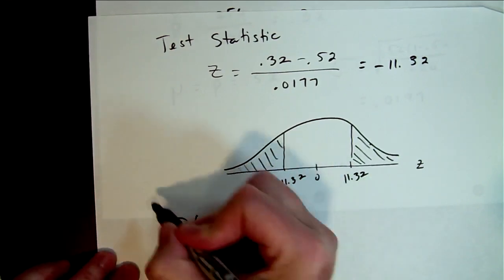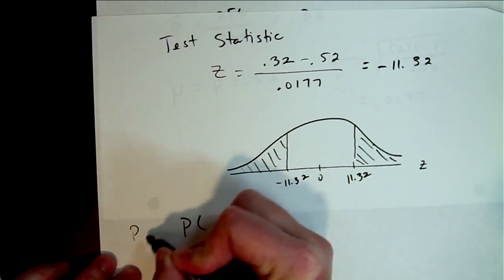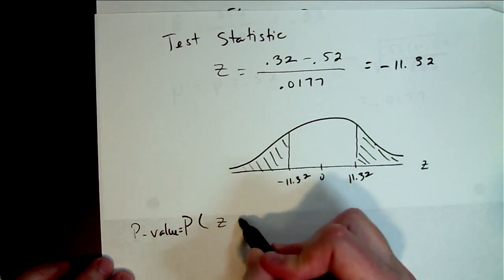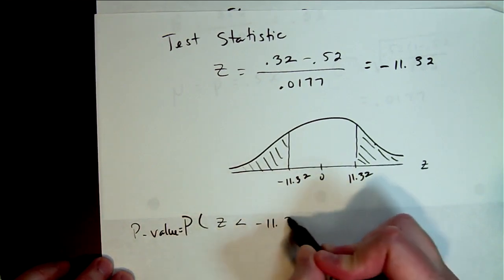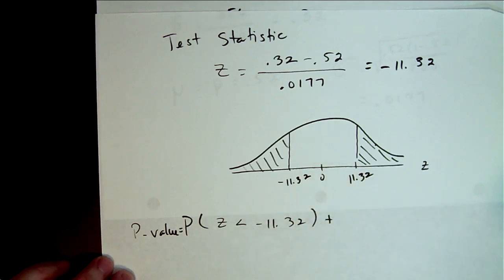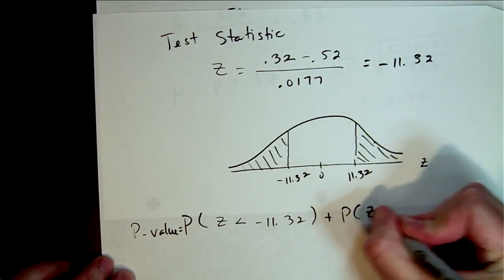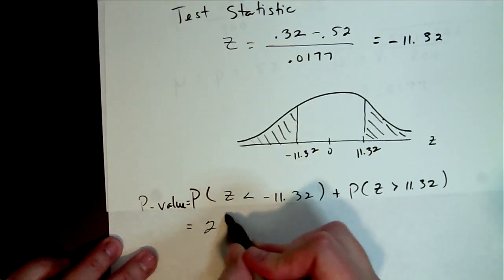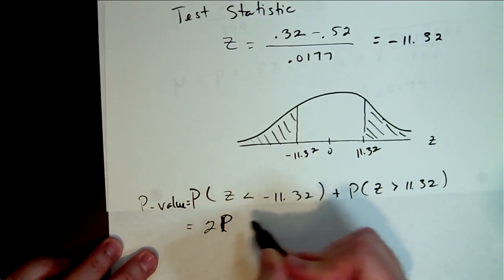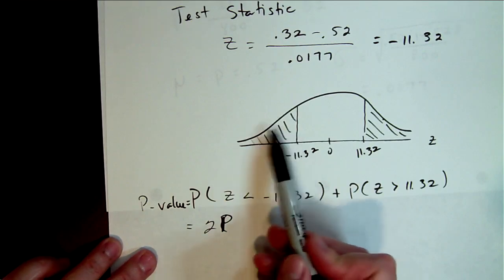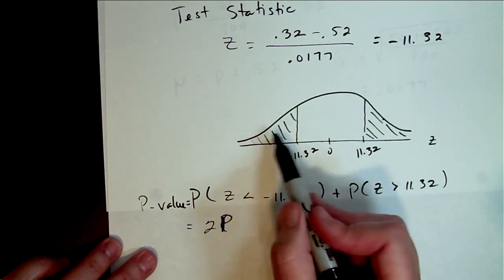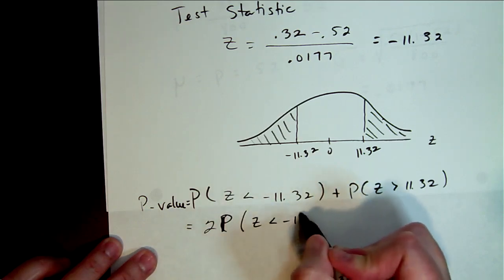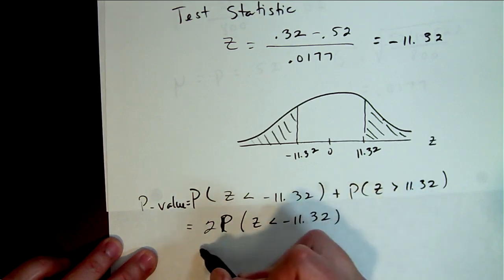So our p-value is the probability that z is less than negative 11.32 plus the probability that z is greater than positive 11.32. We need just one of those areas, and then we'll double it. Since the z table gives you areas to the left, I'm going to get that area, the probability that z is less than negative 11.32.